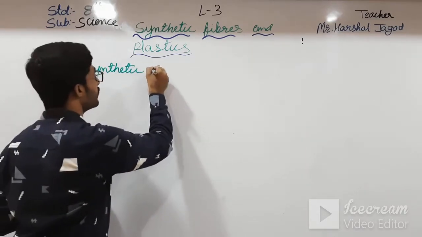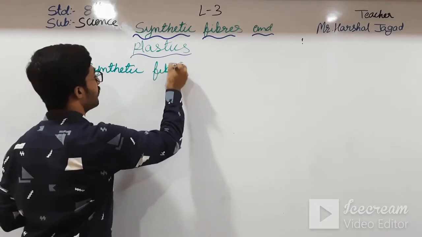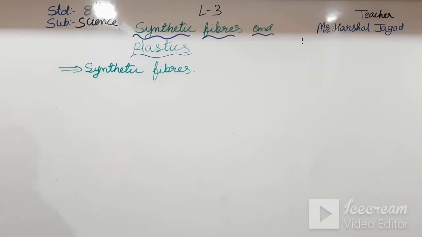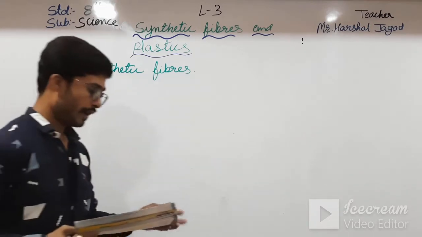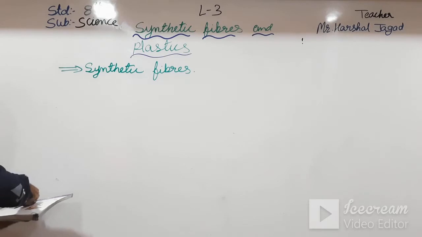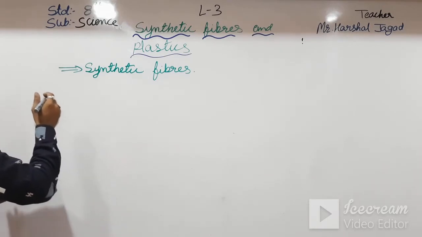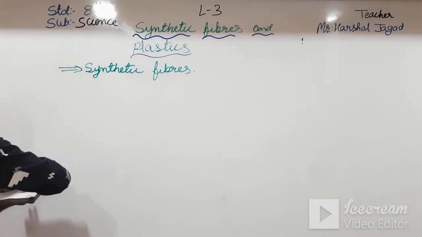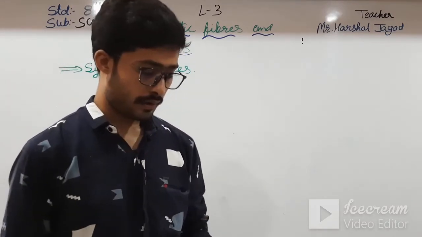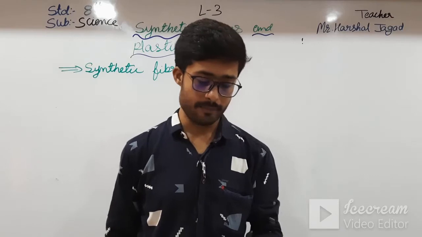Synthetic fibers. So first of all, what is synthetic fibers? First of all, I am reading about fibers. Sorry, first of all we will see that human beings required clothing materials or fabrics.